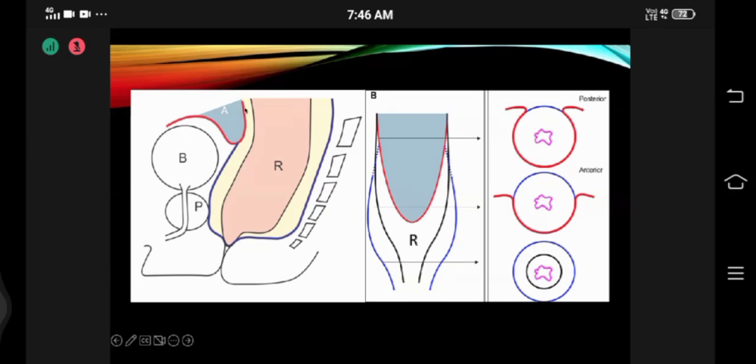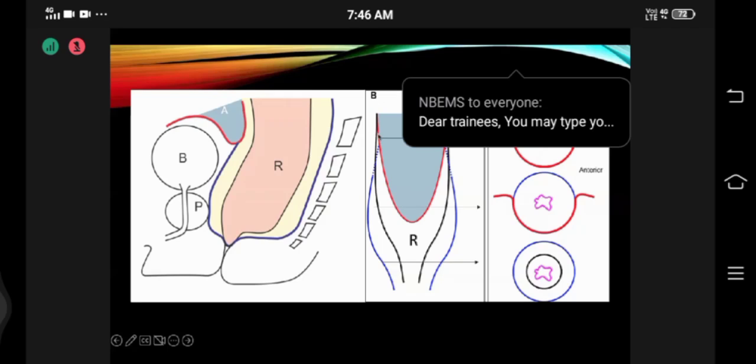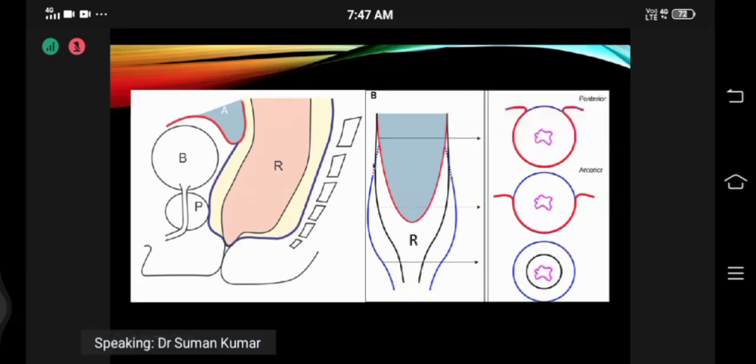The anterior and lateral aspects of the upper rectum are peritonealized, and in the lower rectum, the blue line is the mesorectal fascia, which is non-peritonealized. There is no serosa in the lower rectum, and it is covered by the mesorectum and the mesorectal fascia.